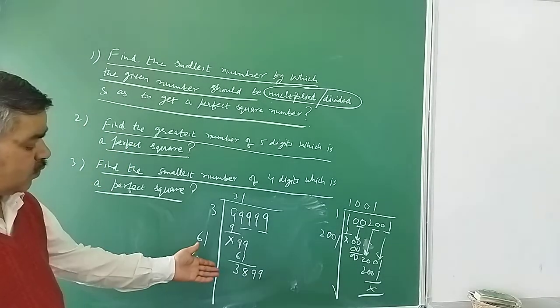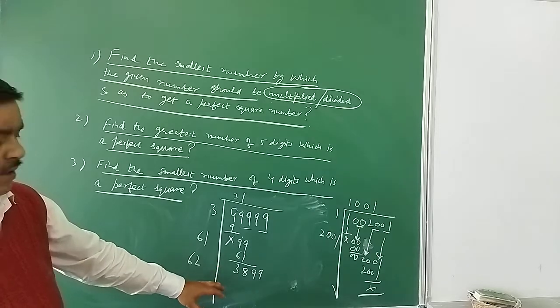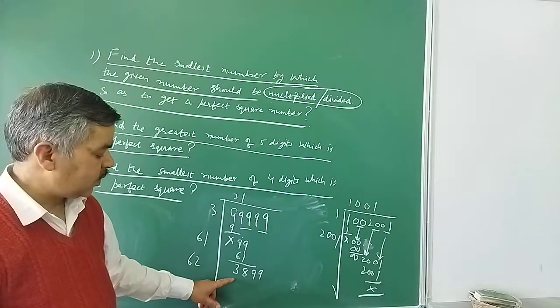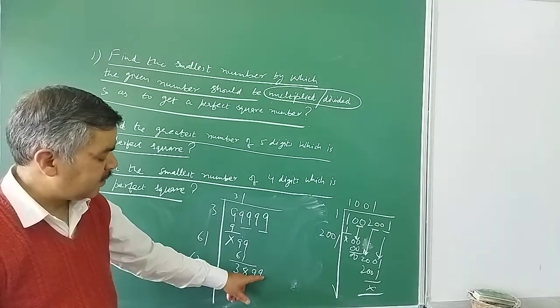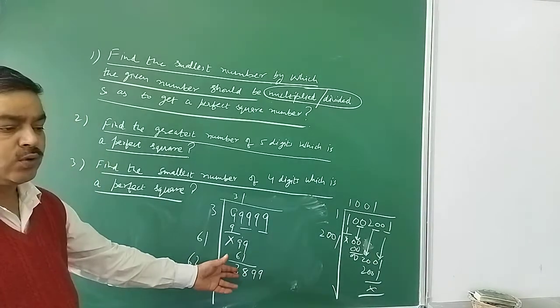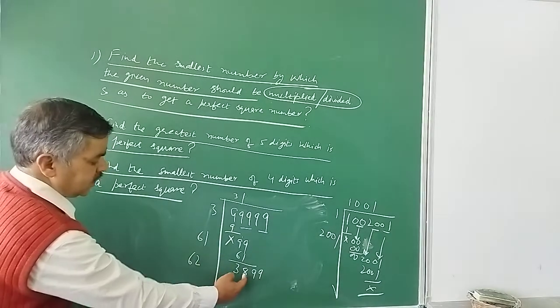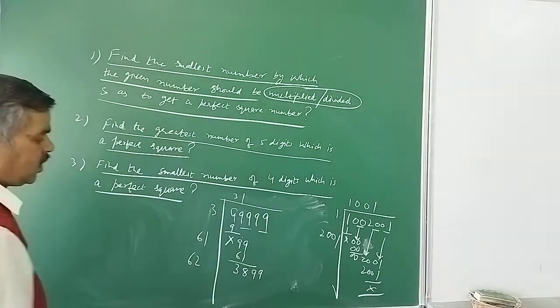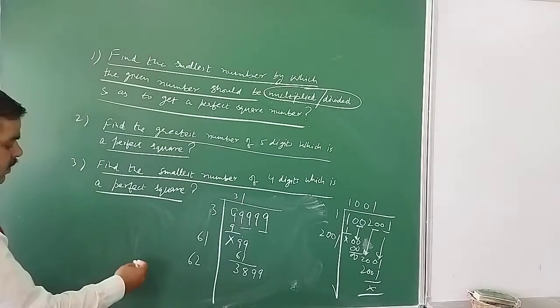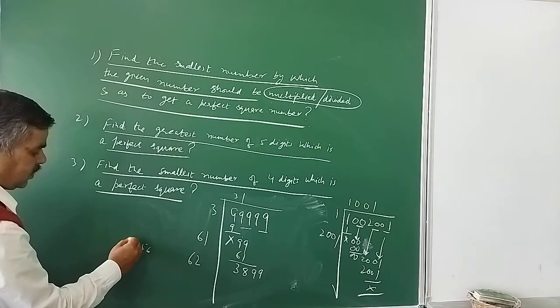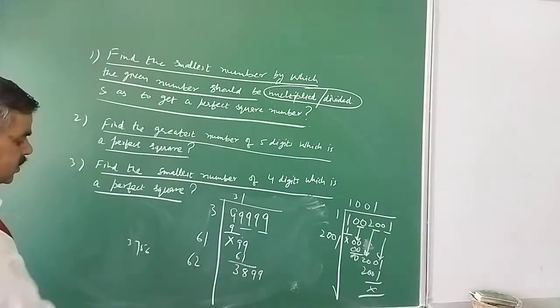Here you have to go one step ahead. Usually whatever you are doing, you have to take the greater number. Usually you will take less than that of 38. Suppose I am saying it will be 6.